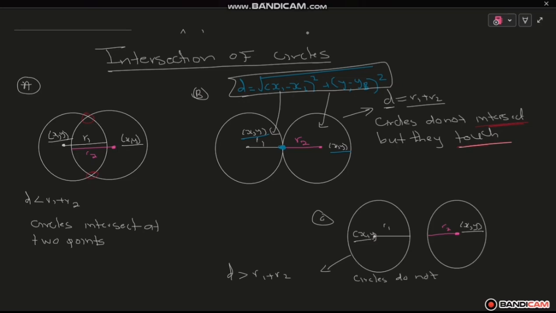So what you must know here, when the distance is greater than the sum of R1 and R2, is that the circles do not intersect. So that's very, very important, guys, for you to know. They do not intersect. Why? Because the distance between the centers is greater than the sum of the radii. So radii, remember, is the plural form of radius.